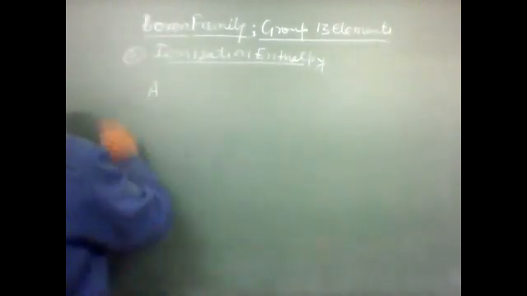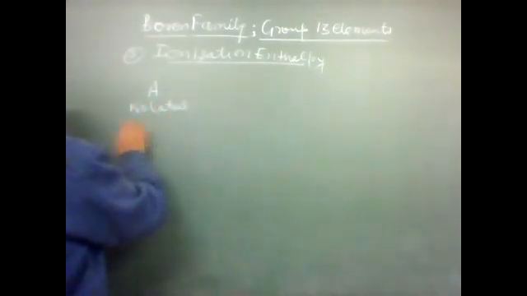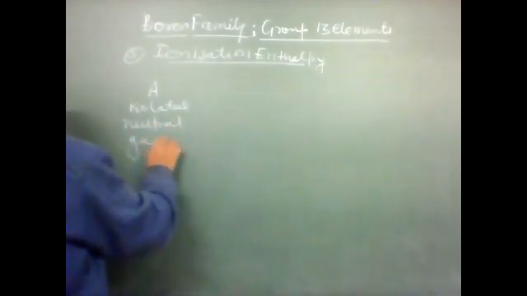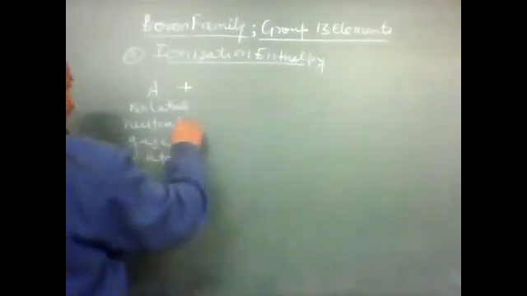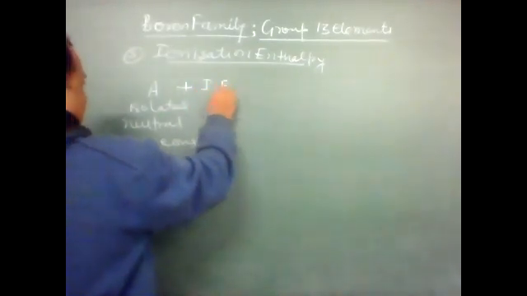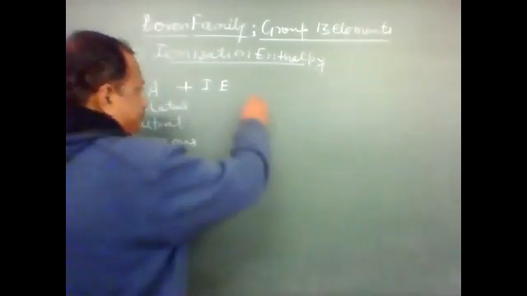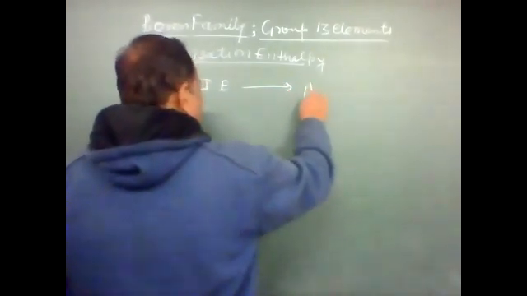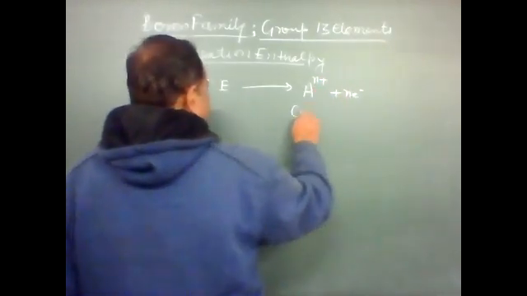So if there is an atom A, an isolated neutral gaseous atom, and we supply the energy, ionization energy, IE, and let it lose some electron, there is the formation of a cation.